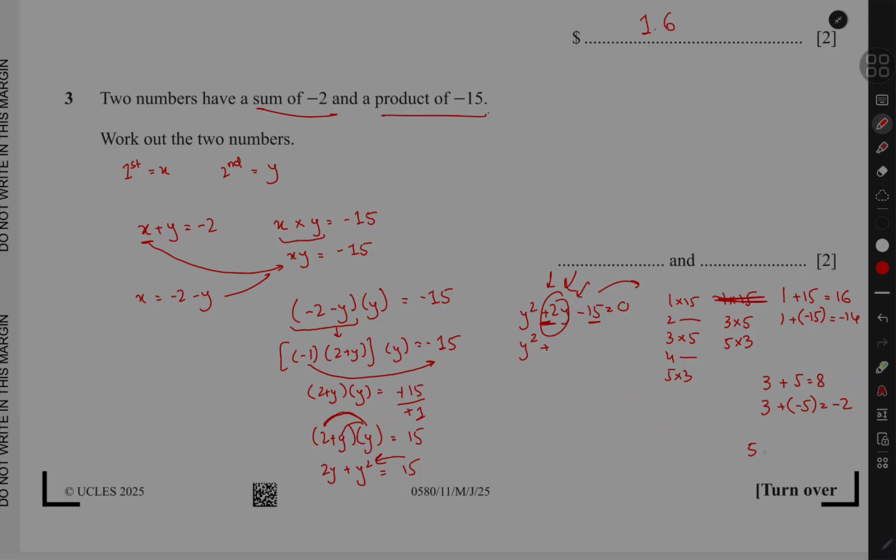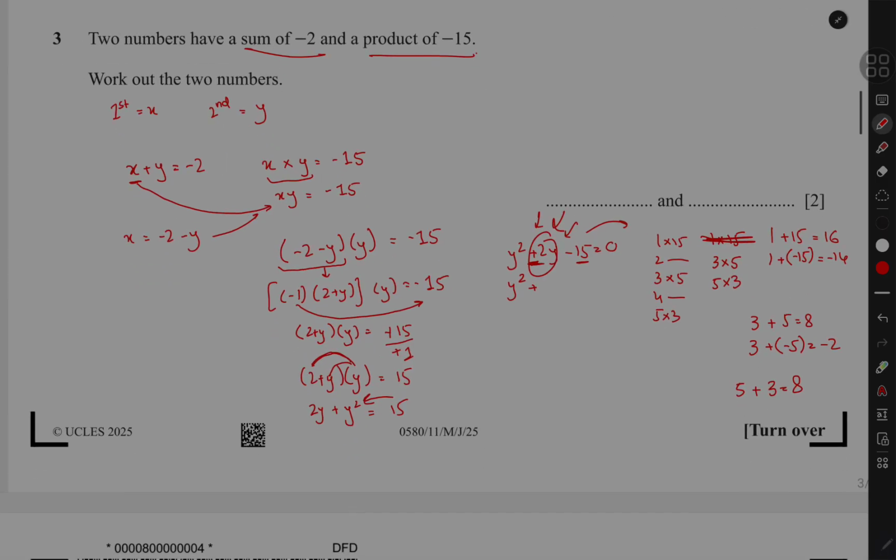So 5 plus 3 is 8, but 5 plus minus 3 is 2, which is our answer. Okay, so the factors are, I'll write this again here, y squared plus 5y minus 3y minus 15 is equal to 0, which is our answer.